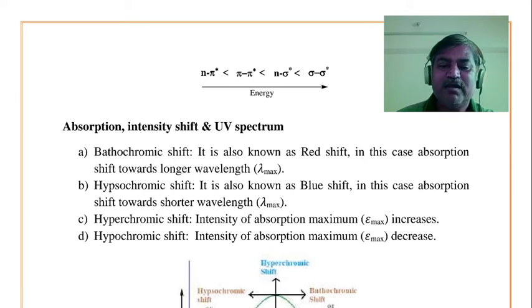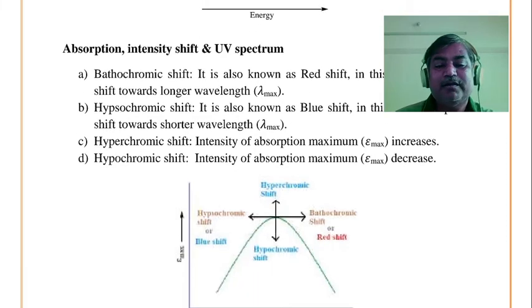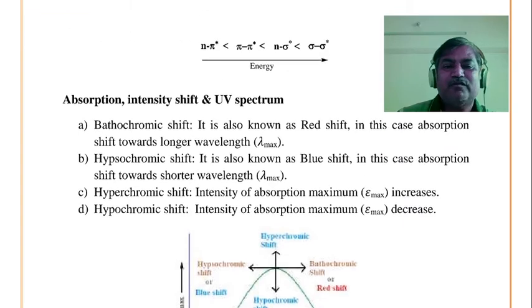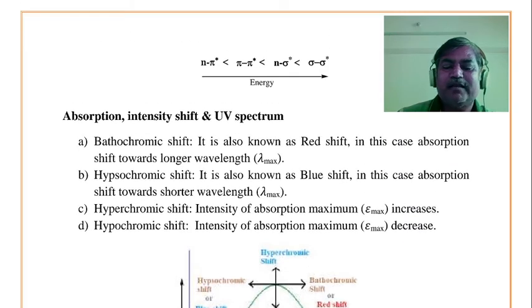It is also called a red shift. See the graph. In bathochromic shift, absorbance of that UV radiation takes place towards higher wavelength, meaning lambda max value is higher. Such a shift is also called red shift.